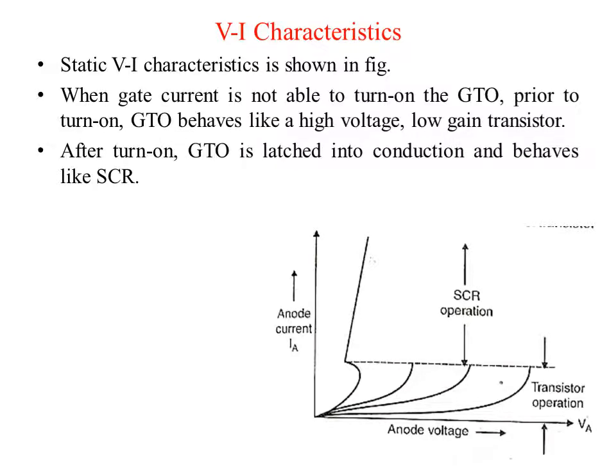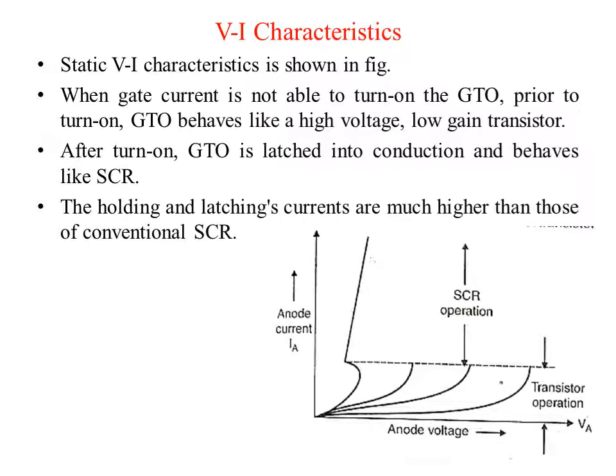After turn on, GTO is latched into conduction and behaves like an SCR. So once the GTO is turned on, the characteristic is similar to that of a silicon controlled rectifier, that is, it goes into forward conduction mode and it gets latched, and when it gets latched, the current flowing in the output terminals increases to a large value.